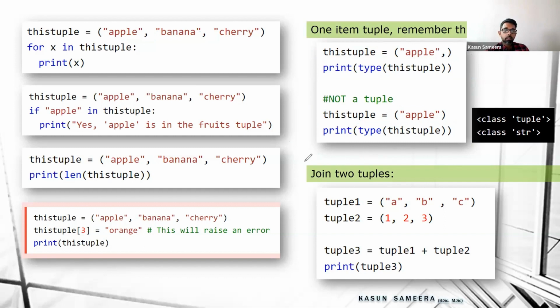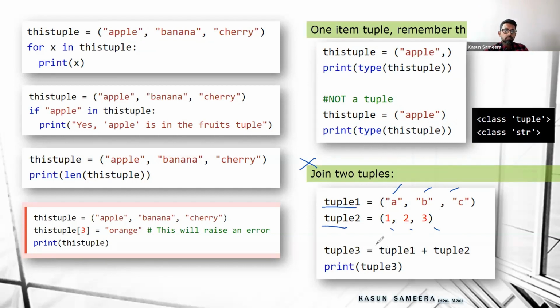Clear? Type, right. Join two tuples. How to join? Tuple 1 got 3 items: a, b, c. Tuple 2 got again 3 items: 1, 2, 3. Any array can take any value, right, not just a string, numbers, float, any data type. Right, how to join them together?